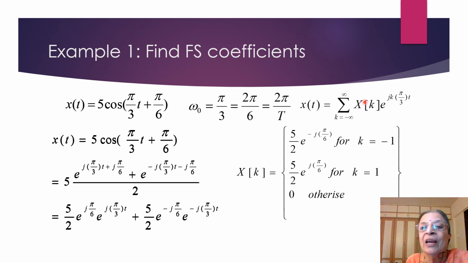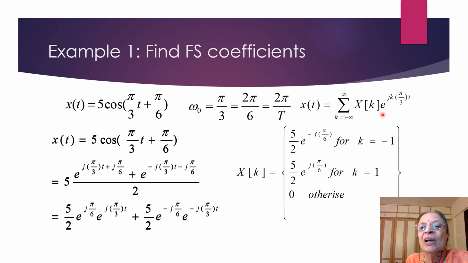So x of k, I will write it as 5 by 2 e raised to minus j pi by 6 for k equal to minus 1, and 5 by 2 e raised to j pi by 6 for k equal to 1. There is no constant term, so the corresponding value will be equal to 0 otherwise. So for k equal to 0, it is equal to 0.